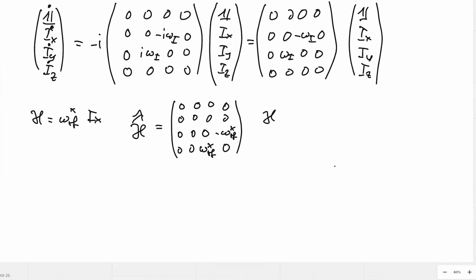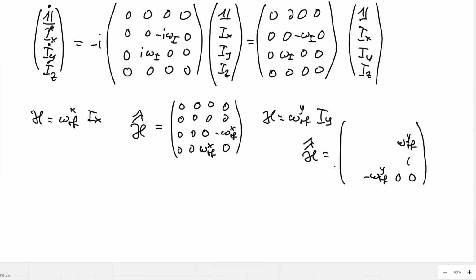And for H equals omega Rf y, the y component times Iy, H will be omega y, minus omega Rf y, 0, 0, 0, 0.